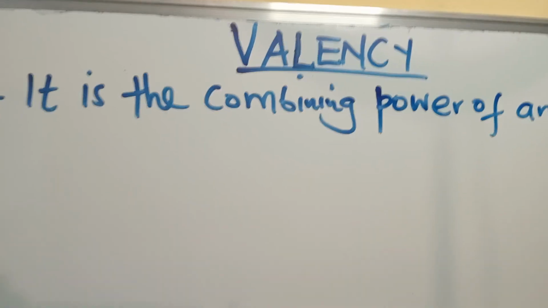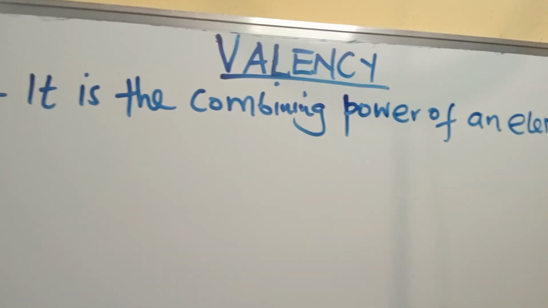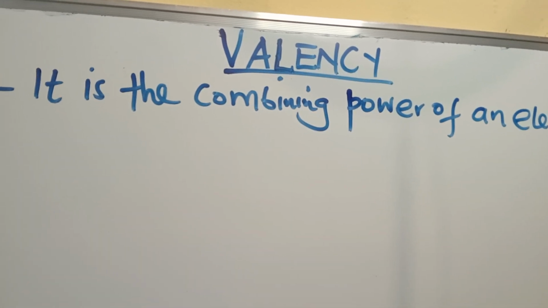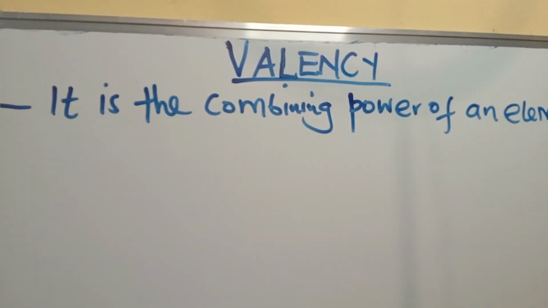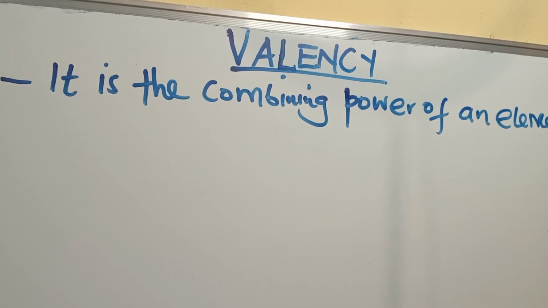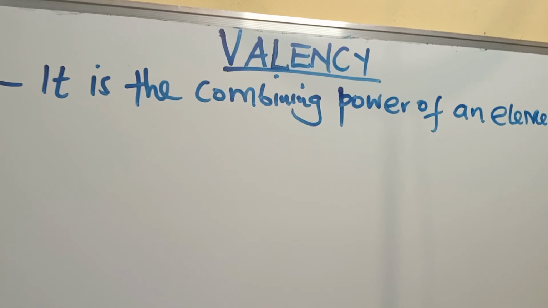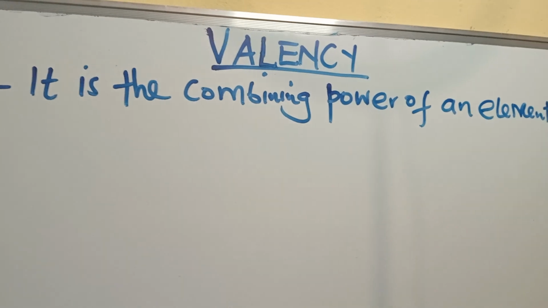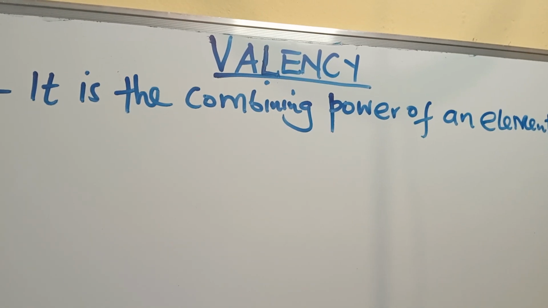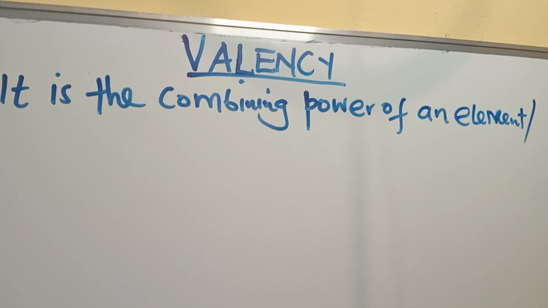When you hear that it is a combining power, it means that sometimes elements, or even we can call them atoms, usually combine. And when they are combining, that is in the subtopic of structure and bonding. So they usually combine.